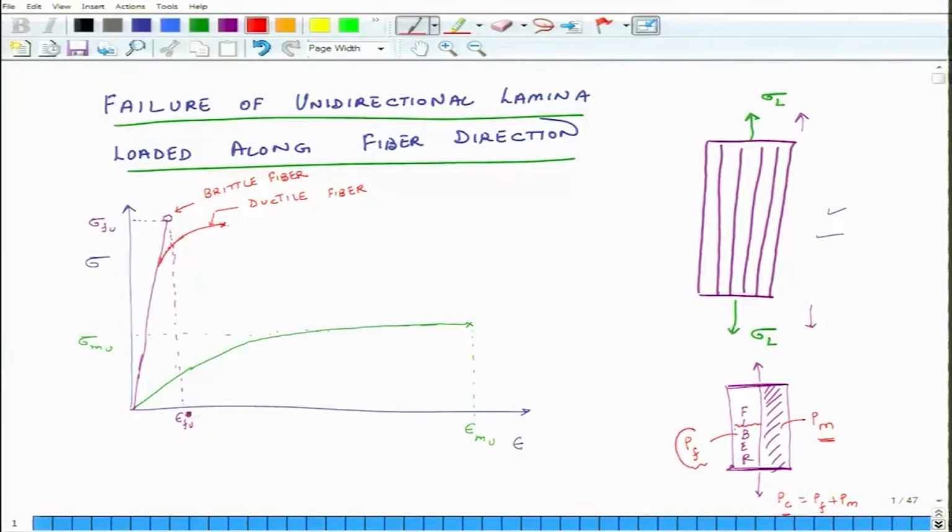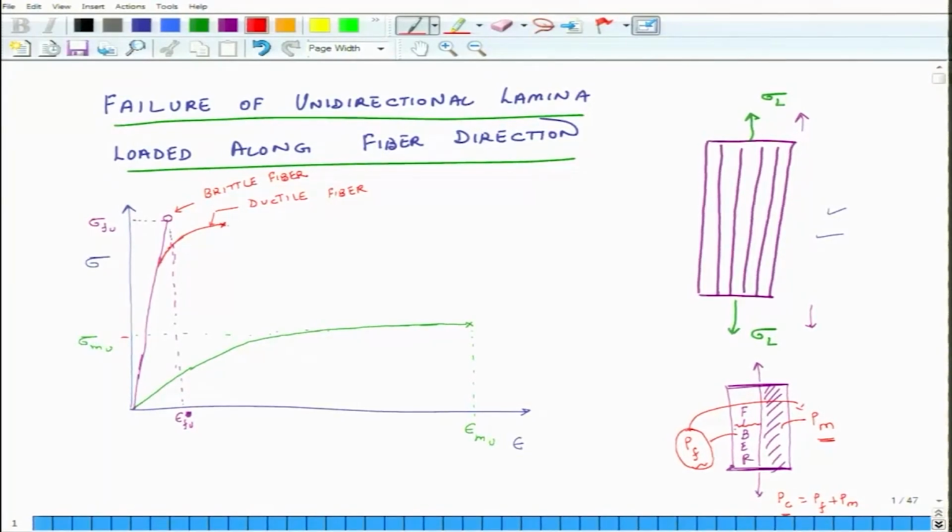The magnitude of Pf will be significantly large, and all this load gets transferred to the matrix. All of a sudden the matrix has to bear a very high amount of load, but the breaking stress in the matrix is not very high. It is sigma mu, which is much less than sigma fu, right. Because it cannot all of a sudden handle such an extra load, the matrix also fails immediately. So, we have two types of situations.